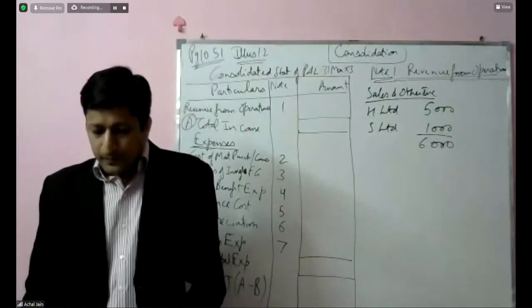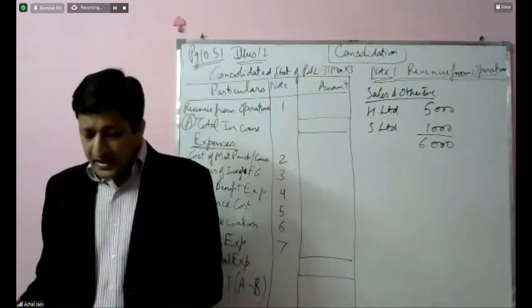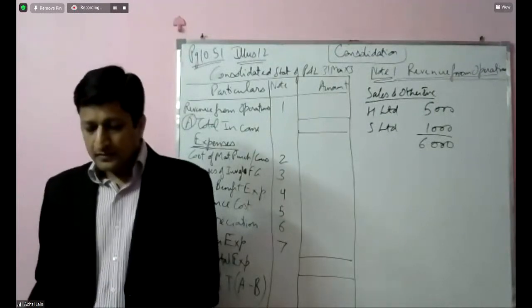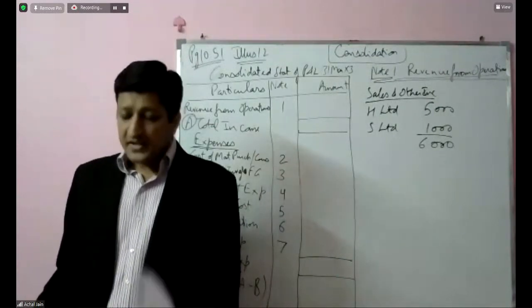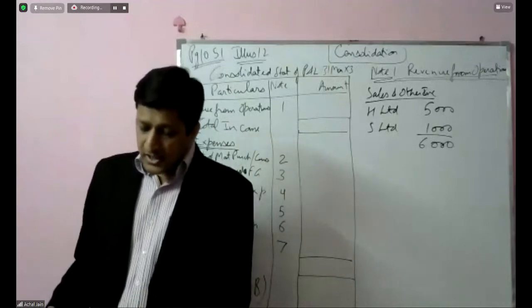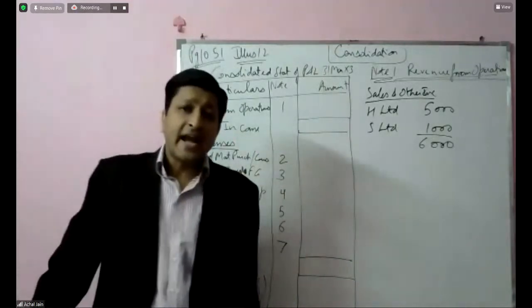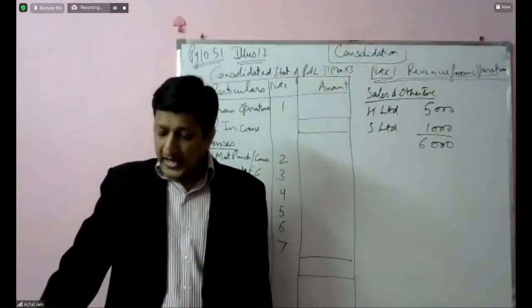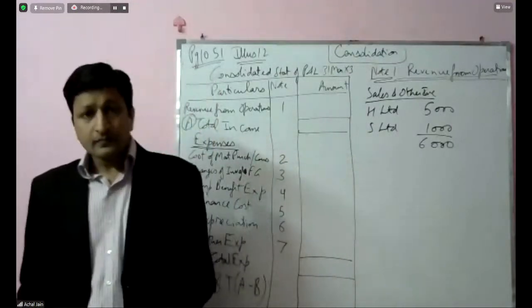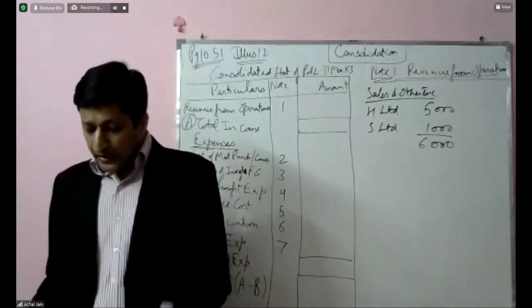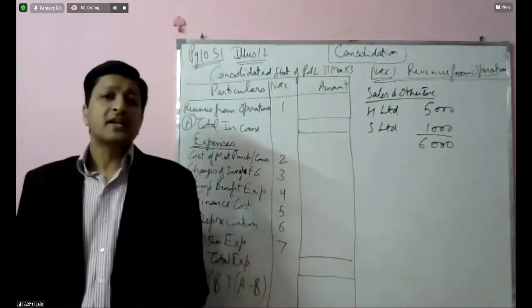Now, please remember there is an adjustment over here. What is that adjustment? Adjustment is in respect of sales and purchases between H and S. H sold goods to S amounting to rupees 120 lakhs.